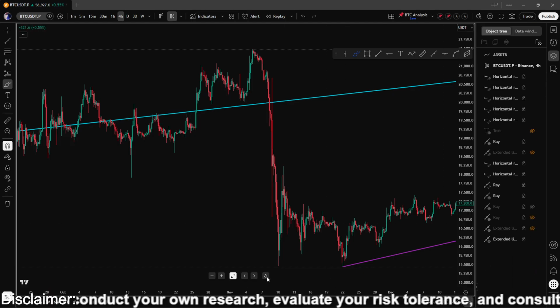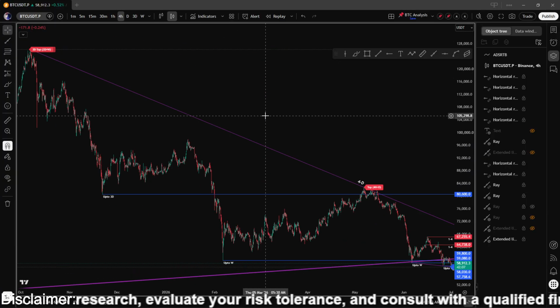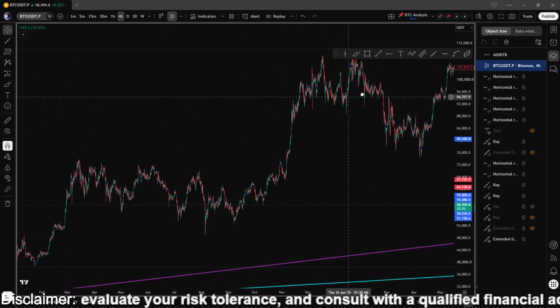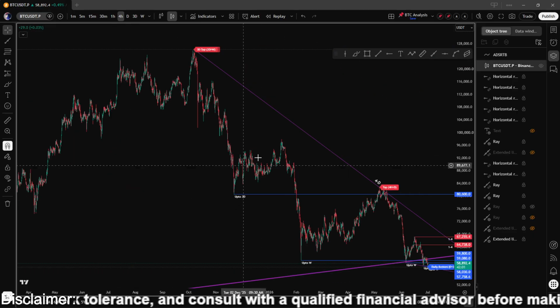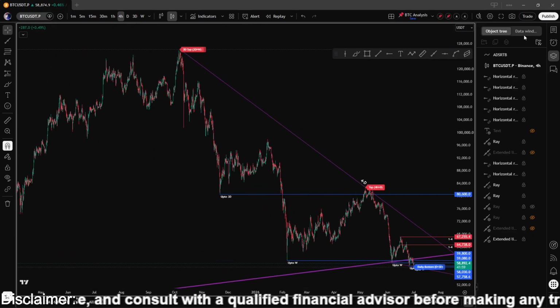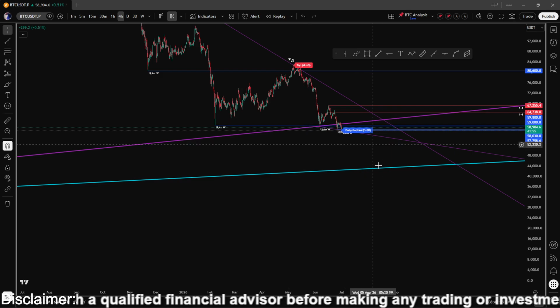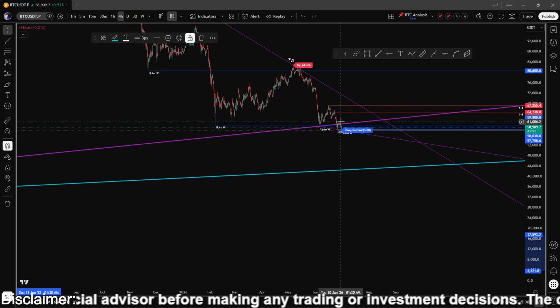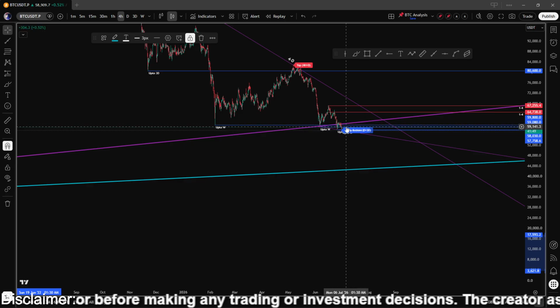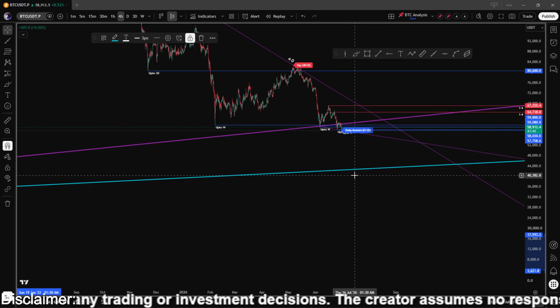And the importance of this thing is this level is currently, I think, where did that go? Oh, this one is the other one. Okay, anyway, that level is sitting below this one. So possibly there is a chance price may go below this level in the coming days, weeks, months, nobody knows.